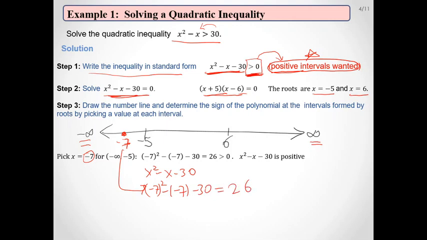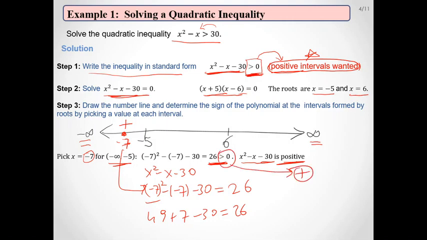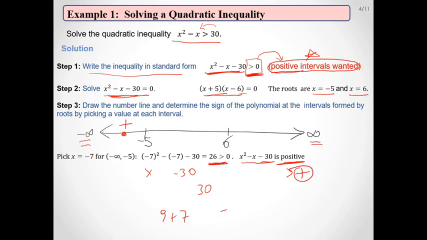When you calculate this, 49 plus 7 minus 30 makes 26. Now 26 is bigger than 0. So you say x squared minus x minus 30 is positive on this interval, and you write plus here. Then you do the same thing for each of the other intervals.